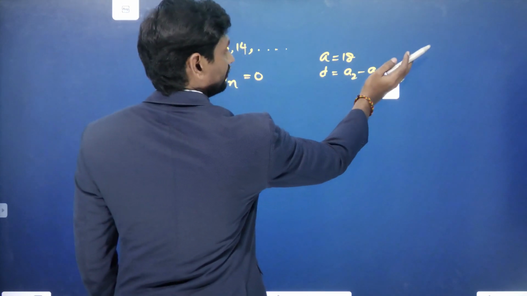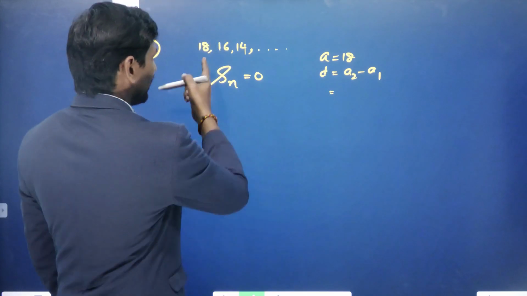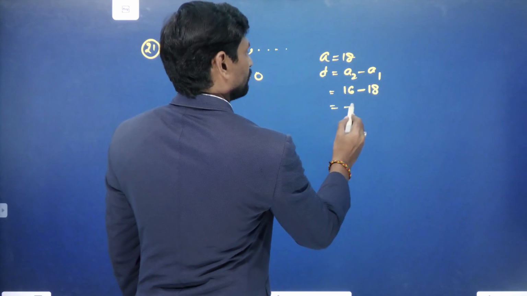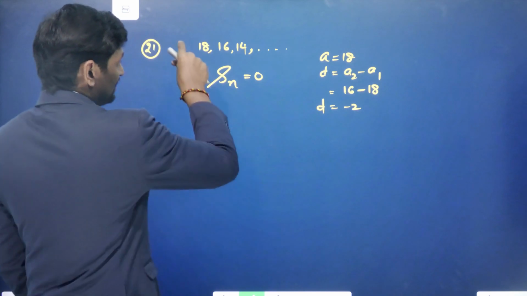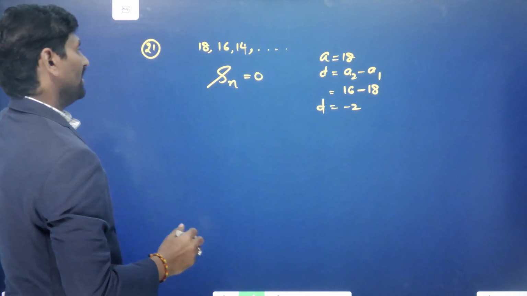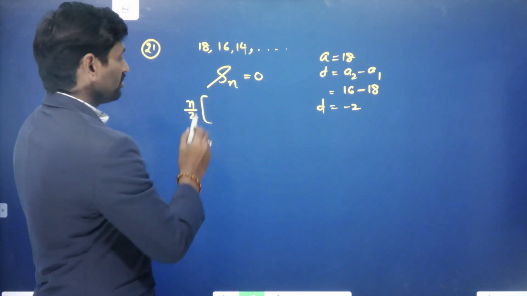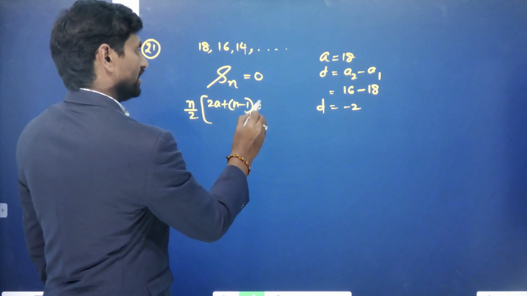The common difference is A2 minus A1. The A2 value is 16, the A1 value is 18, so that is minus 2. The common difference is minus 2 because the values are decreasing. Okay? The Sn value is 0, and the Sn formula we know: n/2 into 2a plus (n minus 1) into d.